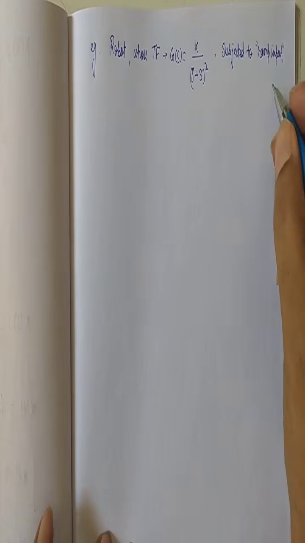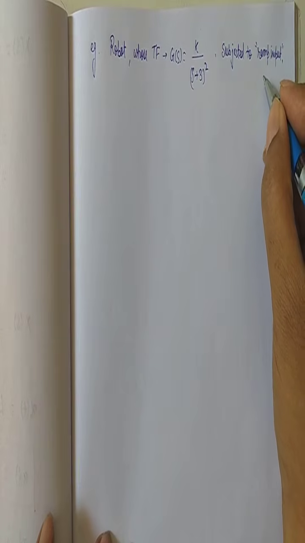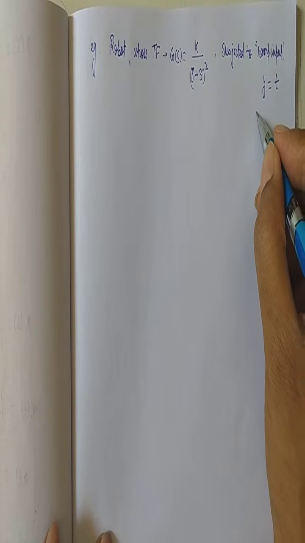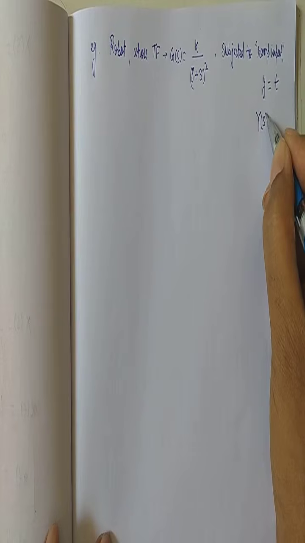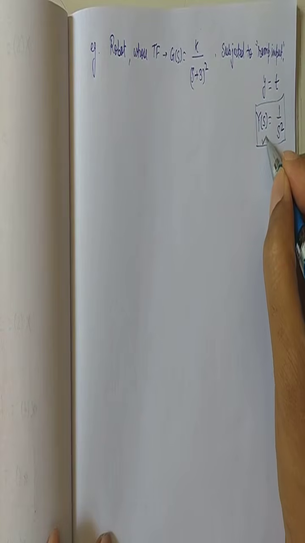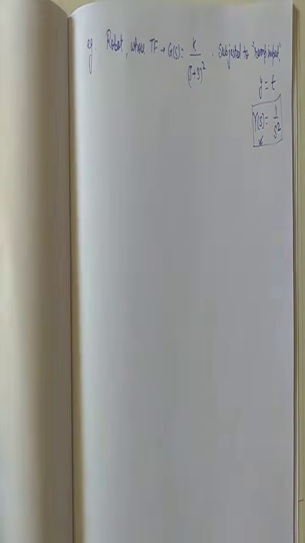Ramp input means you will have y as some linear function of t, right? If you do the Laplace transform of t, you will get 1 upon s square. So you will have the input in the Laplace domain as 1 upon s square.